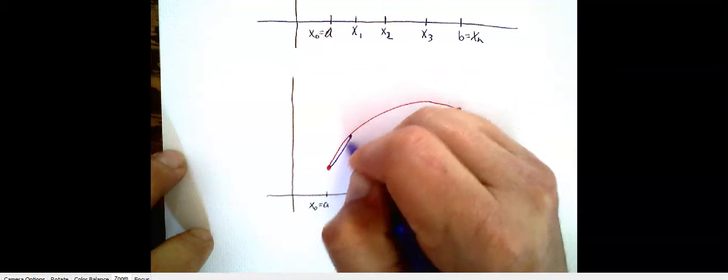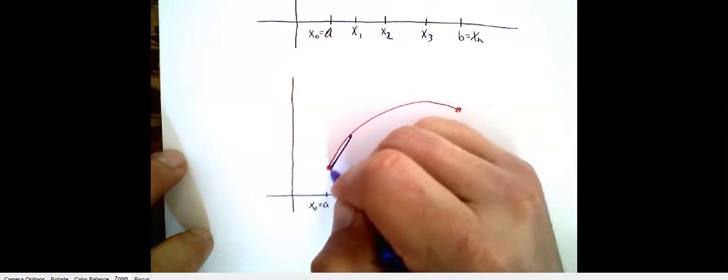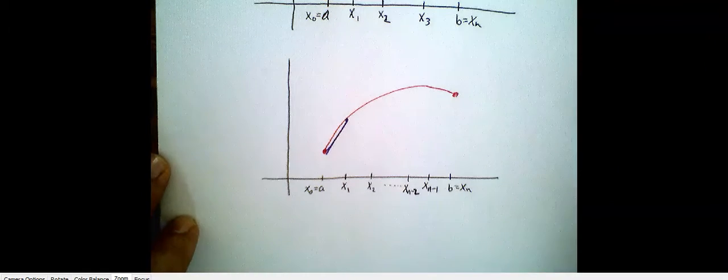So let's look at the first one here. How do we calculate the length of that line right there? Well, we know that we've partitioned the axis down here in such a way that all of these distances are the same. So this is our delta x, right?